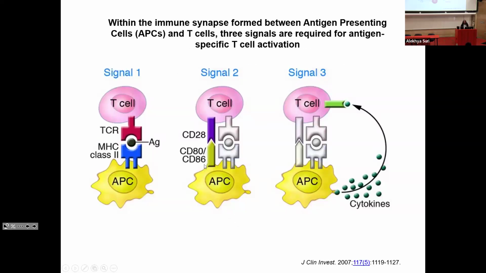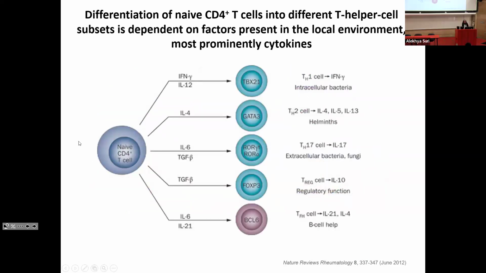What do these cytokines that are secreted do? The third signal allows this naive T cell to differentiate into many different cell types. Okay, and you don't have to remember each of the names, but it's important to know that there are many different subsets, or different types rather, that they get differentiated into: Th1, Th2, Th17, T follicular helper cells.